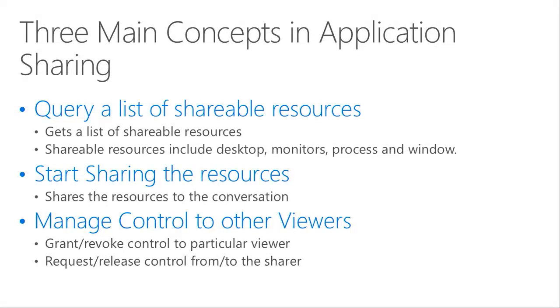In order to do that, we can use some properties in the application sharing modality to get a list of shareable resources. The shareable resources could be the desktop, some processes, or some windows. The next step is once you get the shareable resources, you can select them and then start sharing them. You can call a very simple API to start sharing.